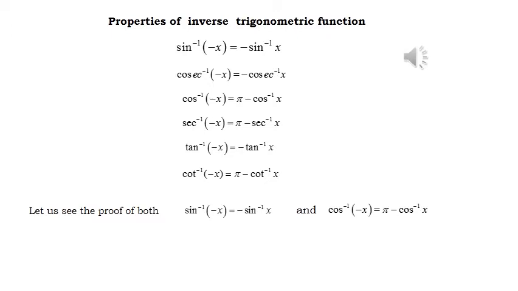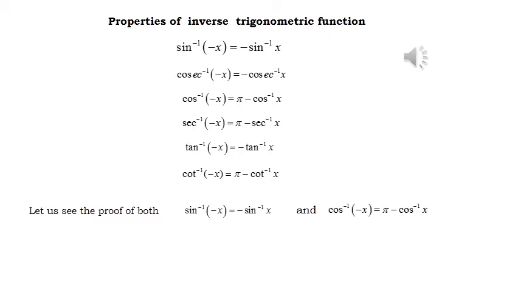For sine theta, the negative value lies in the fourth quadrant, because the domain is minus pi by 2 to plus pi by 2; in the fourth quadrant, minus pi by 2 to 0 is negative and 0 to pi by 2 is positive. So sine inverse of negative x equals negative sine inverse of x, and similarly cosecant inverse of negative x equals negative of cosecant inverse x.